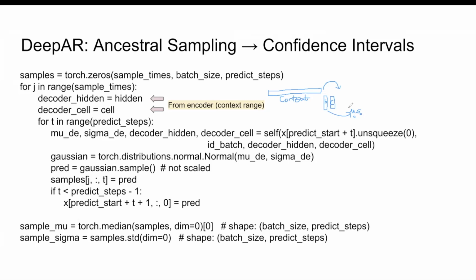Based on this distribution, we take one sample. Then based on the sample, we assume that's the ground truth and feed it into the next time step, and we get mu 1, sigma 1.